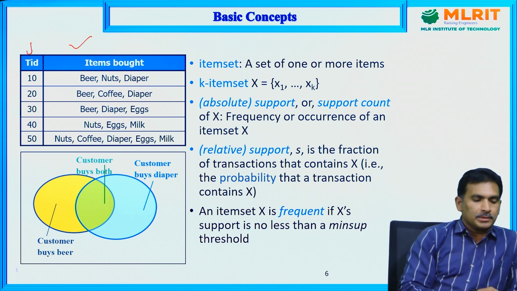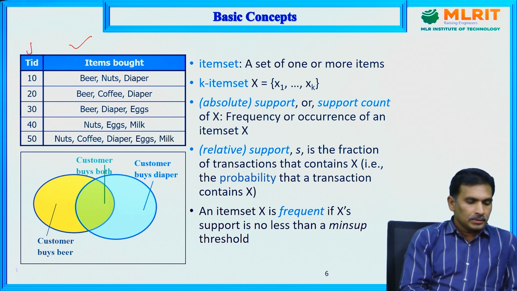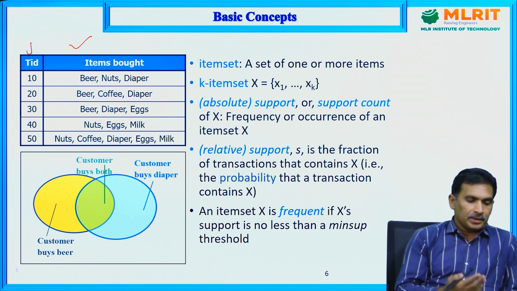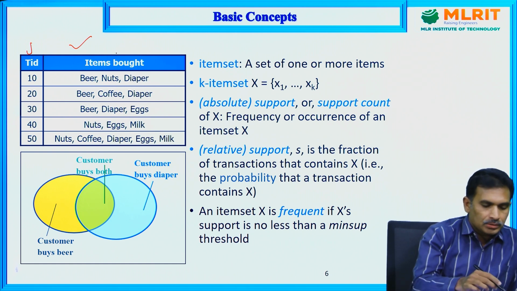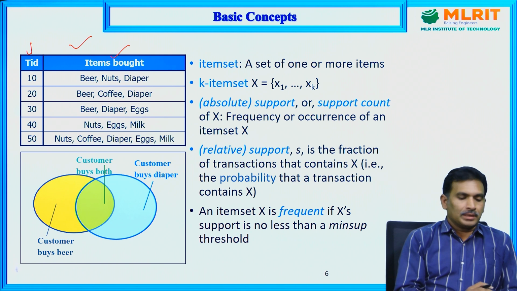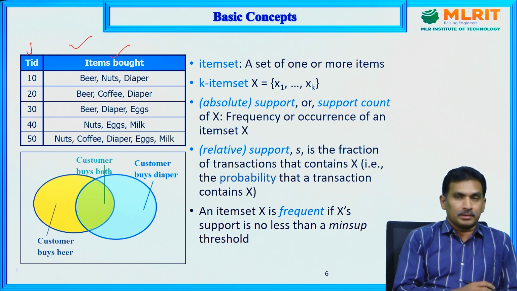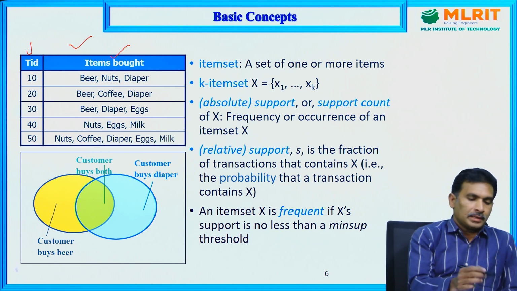One denotes the transaction ID, which could be any number, depending on the type of database being used. Another column is the items bought. This is just for understanding; actually this information would be stored in a different format in our database.